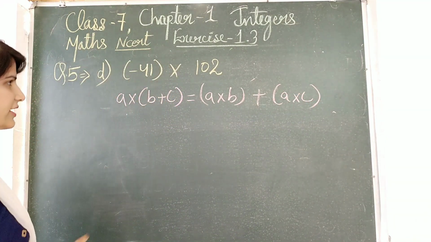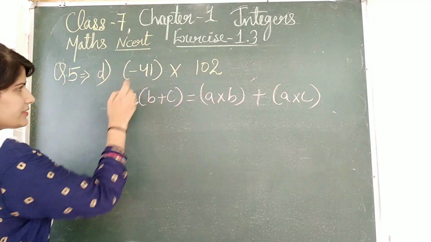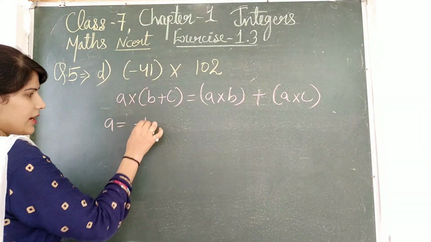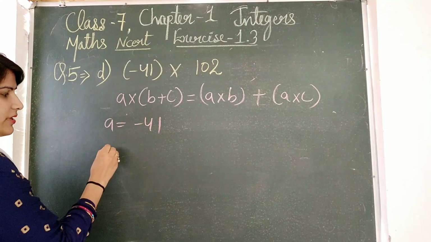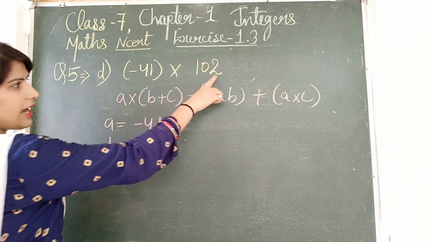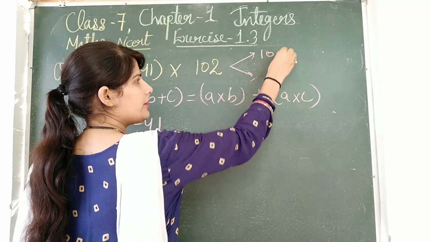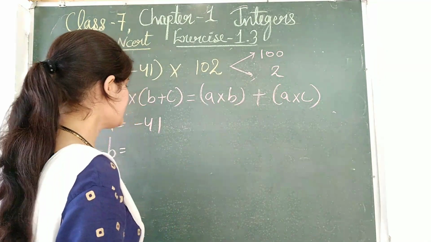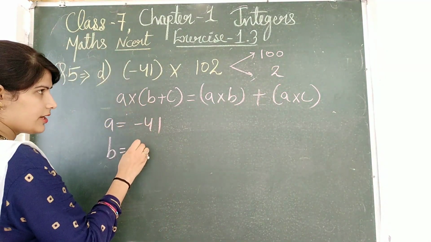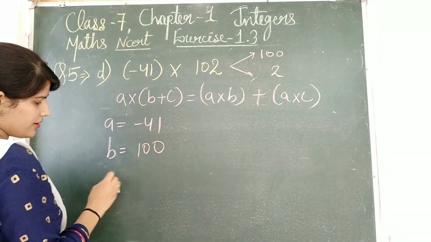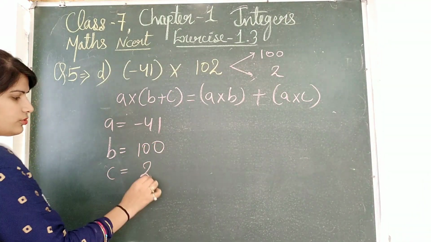So here A is minus 41. B I am separating, 102 as 100 plus 2, so B is 100 and let C be 2.